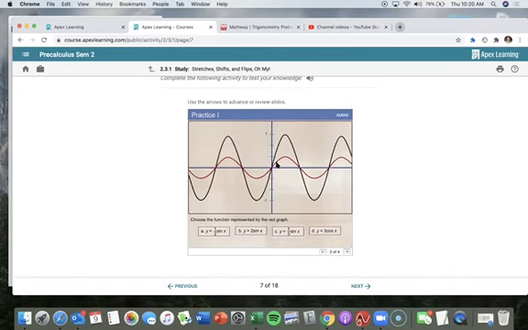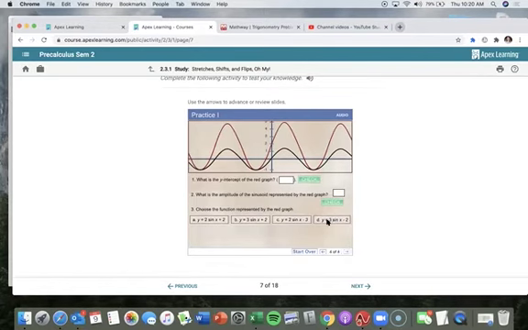It looks like it's just compressed. And if we look here, this is divided into thirds: 1/3, 2/3, 3/3. So it looks like it's compressed down to an amplitude of 1/3, which means that my value here has to be 1/3 sine of x.